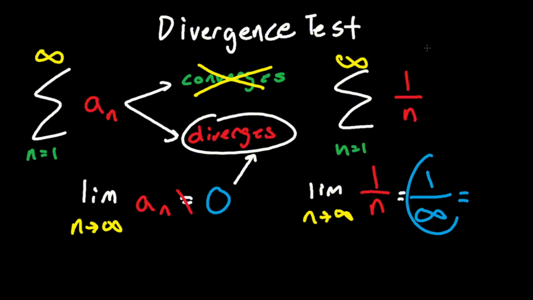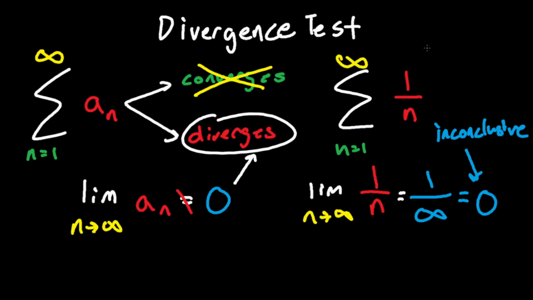But 1 over infinity is approaching 0, so we should say it's equal to 0. You're taking n to approach infinity, but you get an answer that's equal to 0. You get a result of inconclusive, right? This right here is inconclusive.